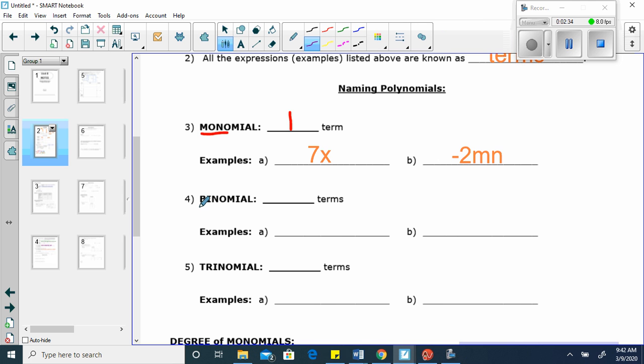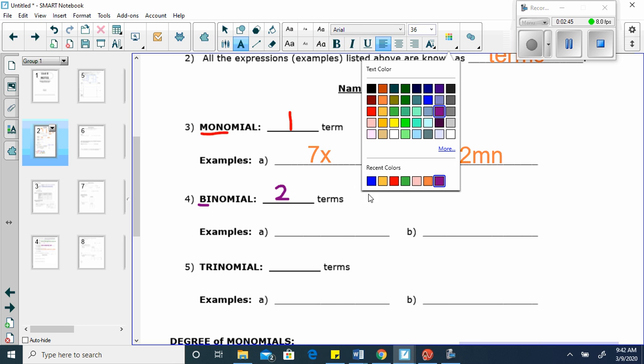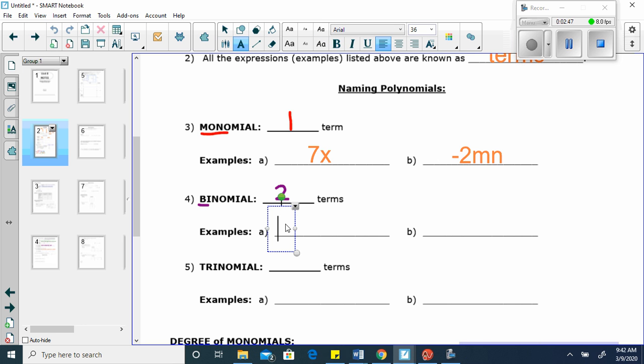What does bi mean? 2. So a binomial has 2 terms. Some examples of this are 2x plus 1. 2x is a term, and 1 is a term.